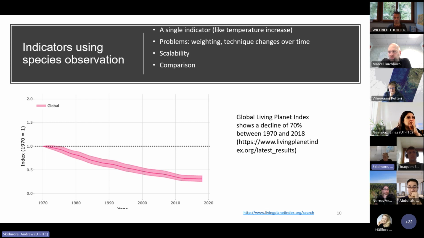And people have actually thrown criticisms at this. It's based on how do you weight it, and the modeling techniques that are being used over time have changed. There's also problems with scalability and comparison, but at least it is a single number. So a lot of people see this, it's like temperature, and say, oh wow, that's amazing, that you can see this long-term trend.